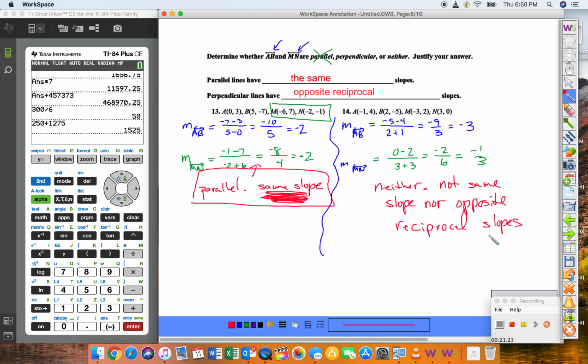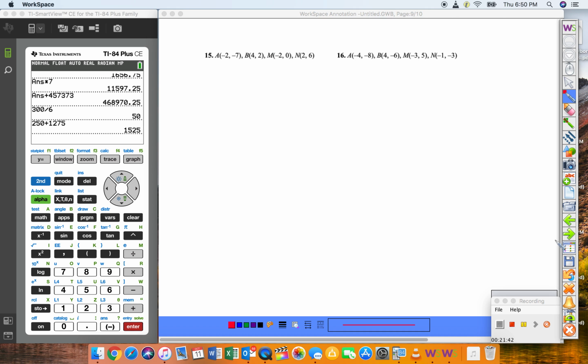The magic word is slope. It's got to be in there twice. Those were neither parallel nor perpendicular because you didn't have the same slope or you didn't have opposite reciprocal slopes. There is an E in slope. Check this word out. That's slop. We're not talking about slop. We're talking about slopes.